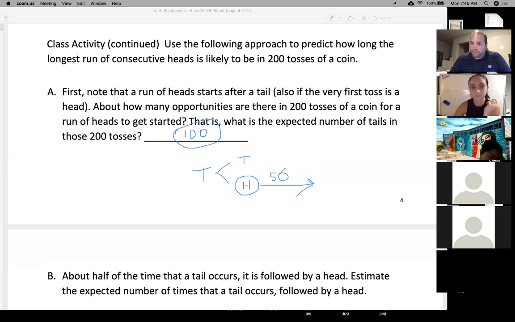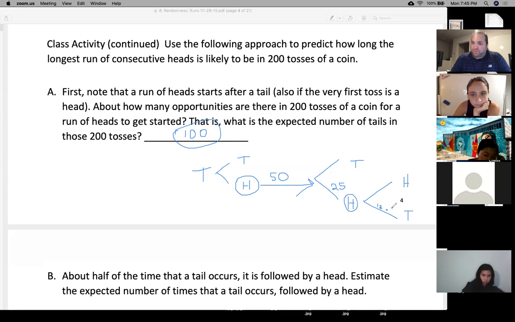Now, of those 50 heads, how many do I expect to follow with another head? 25. So I have 25 chances for 2 heads in a row. And then how many situations do I expect to have 3 heads in a row? About 12.5.